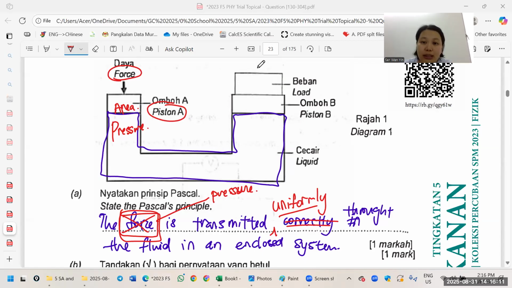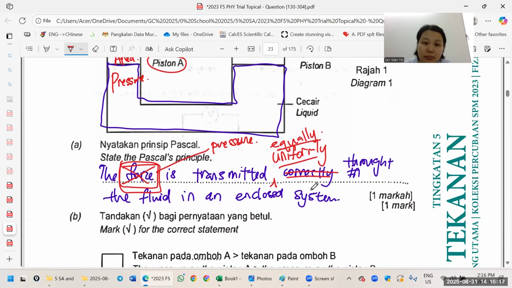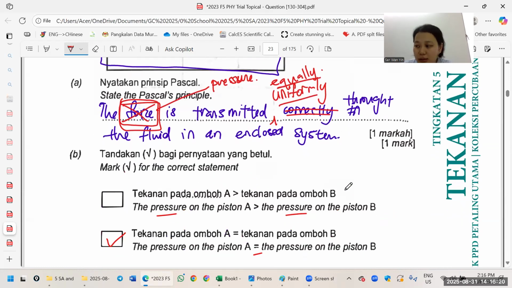If I put equally, I can. Equally also can. Be careful, not force, but pressure.